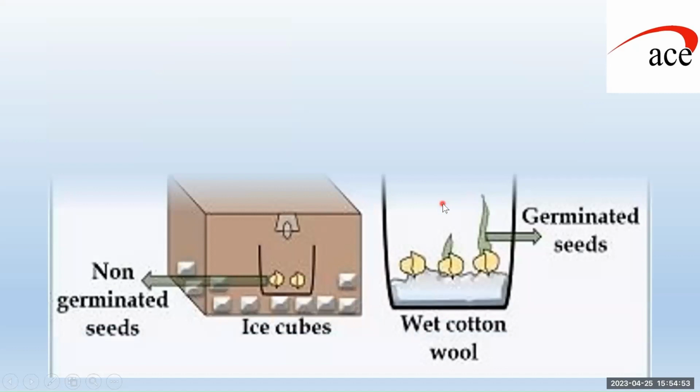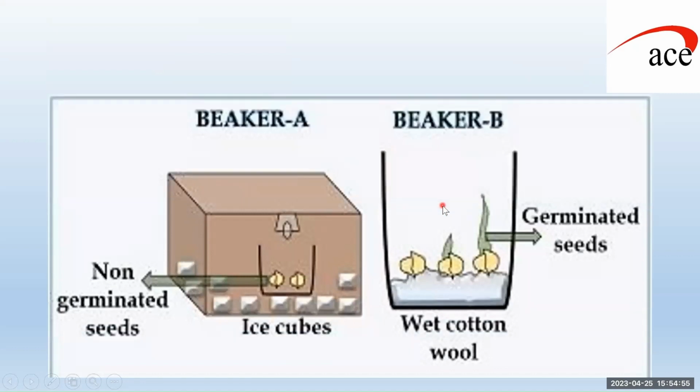In the second experiment, we want to prove that you need an optimal, a suitable temperature for germination of seeds. If here there is wet cotton wool and the seeds are placed at an optimum temperature, then germination of seeds will be seen.